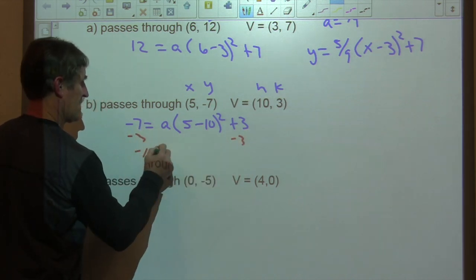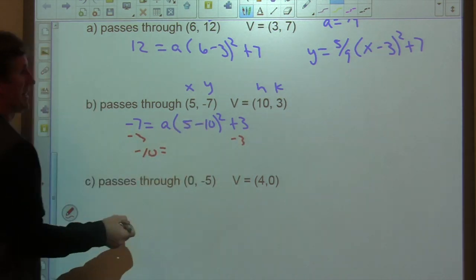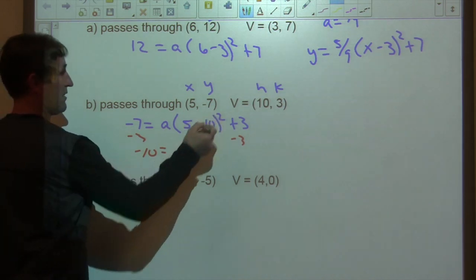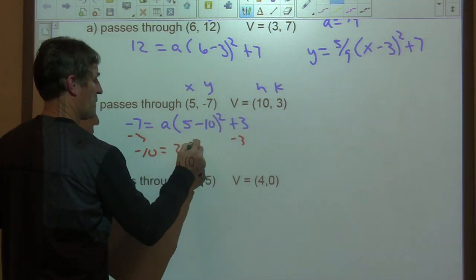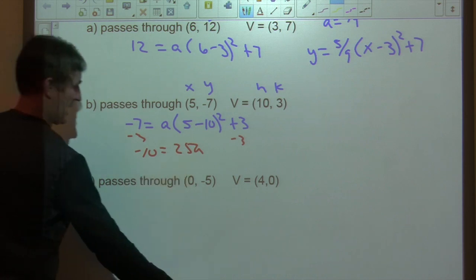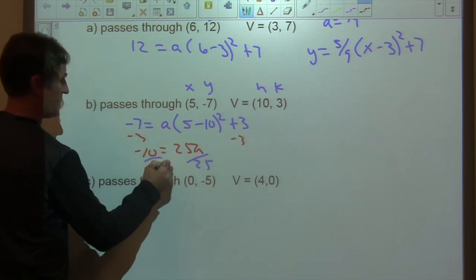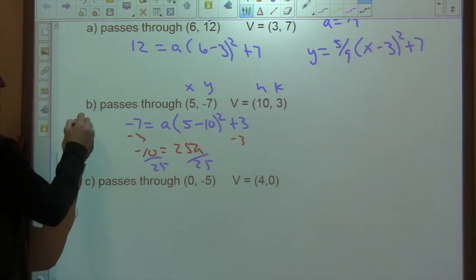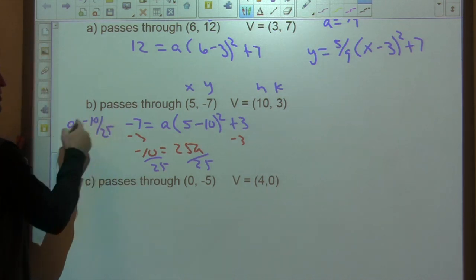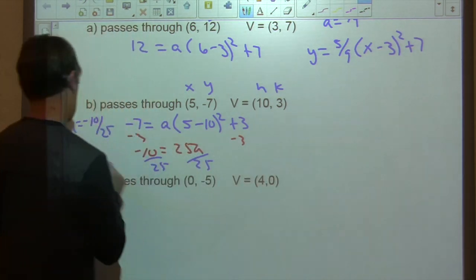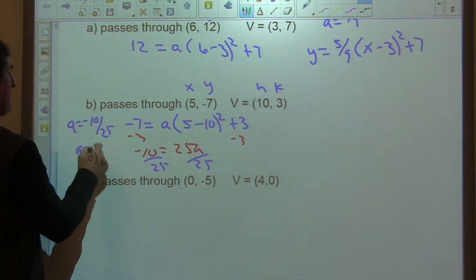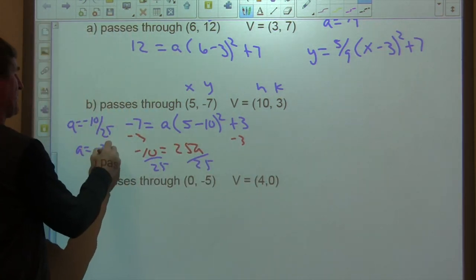And so we get negative 10 equals 5 minus 10 is a negative 5, and negative 5 squared is 25, so that would be 25a. So now we divide by 25. So our a value would be negative 10/25, but we should always reduce. So 5 goes into both, so that would be a negative 2/5.